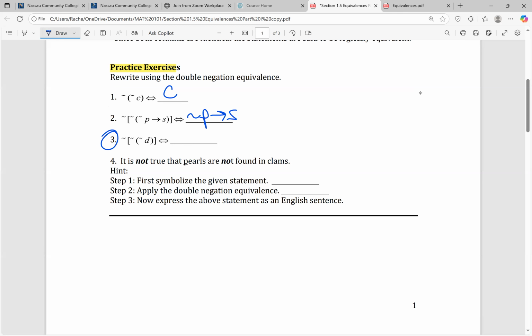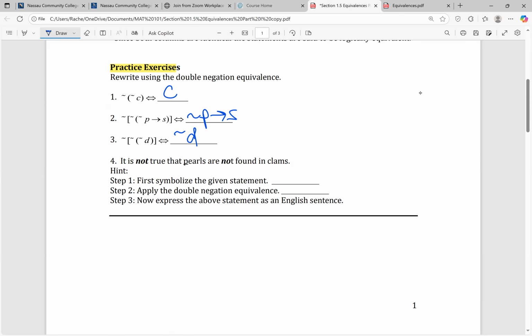And here we have not D, but we're negating that, and then we're going to negate that again. So not D is going to be D, but then we still are negating that, so we end up with not D. So not not not D is equivalent to not D.